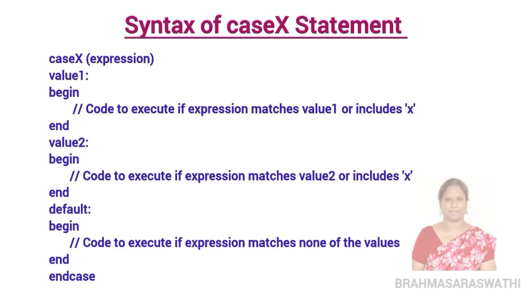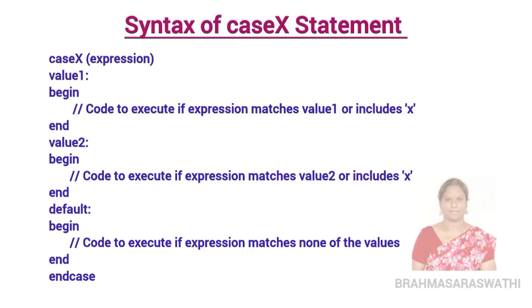If you observe the syntax, we write 3 conditions: value 1, value 2, default condition. In the value 1 begin and end block, we write the code to execute if the expression matches value 1 or includes x. In value 1 we write the binary code or any code that includes x. In value 2 we write value 2 or include x.